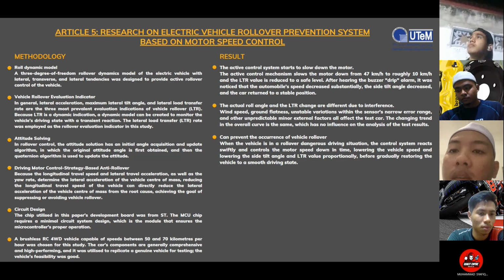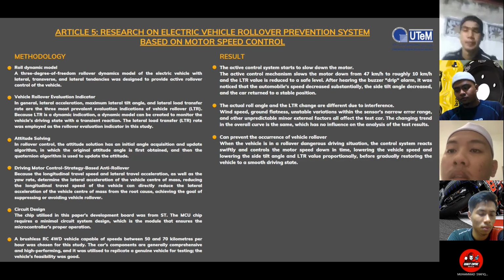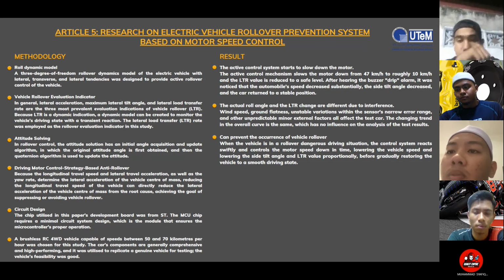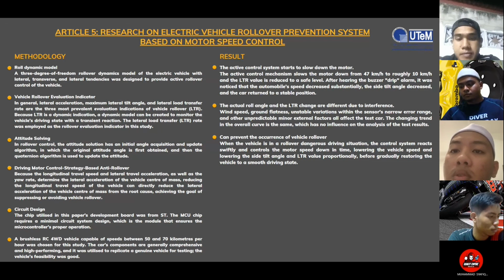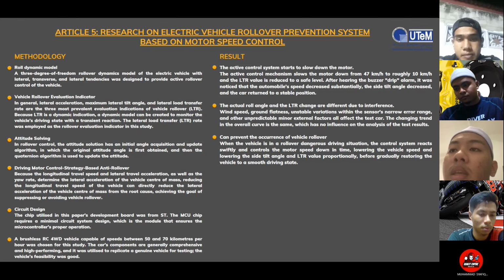The next is circuit design. The chief utilities in this paper's development board was from ST. And the last is the brushless motor. An RC4WD vehicle capable of speeds between 50 and 70 km per hour was chosen for this study.